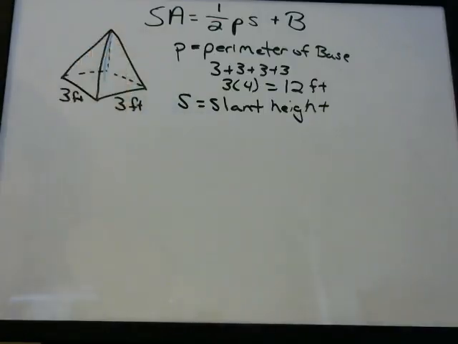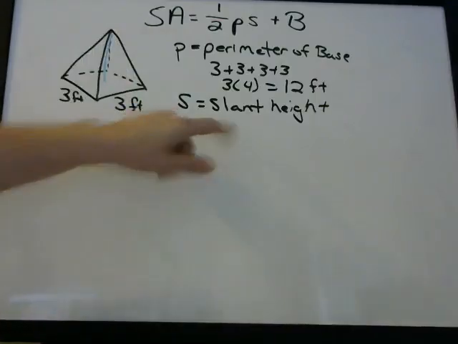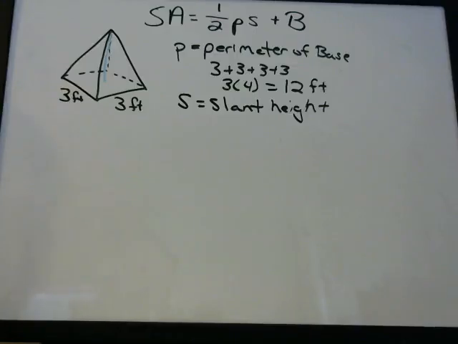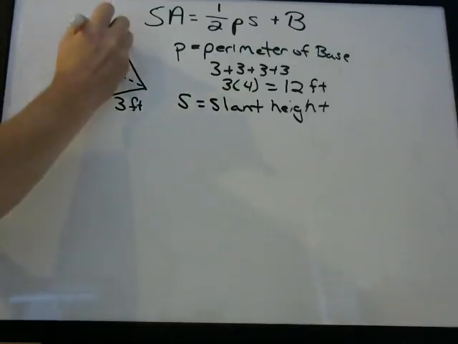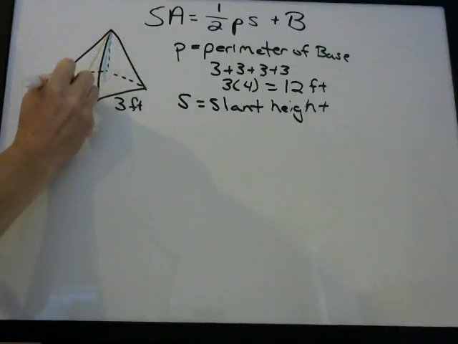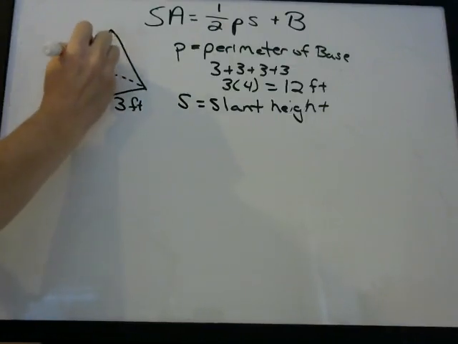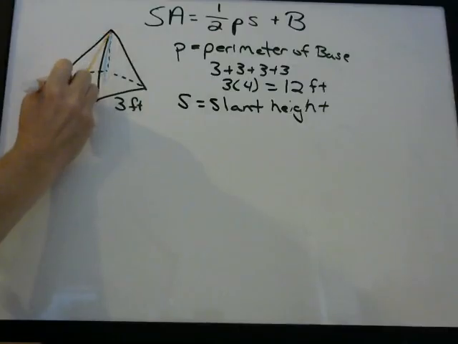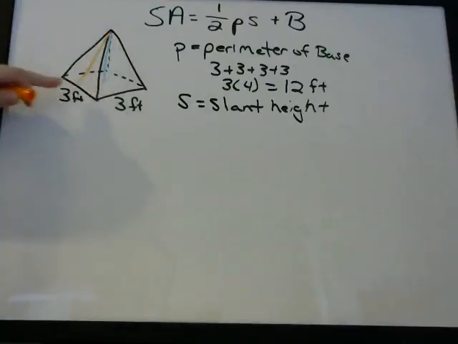That is the height of the pyramid. That's not what we want. We want the slant height. The slant height goes from the top to the middle of a side, coming down the face of the triangle. That is the slant height. That's the number we want.